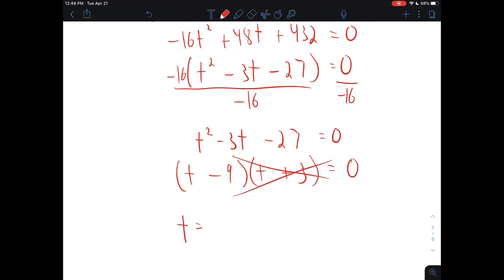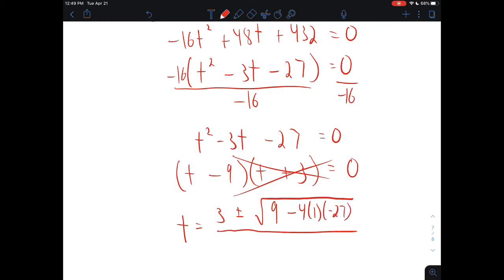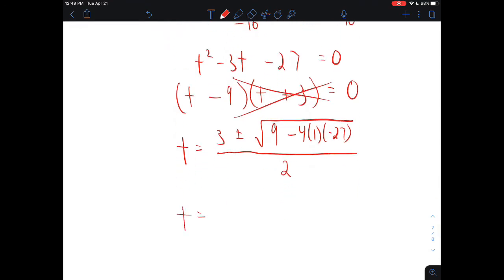T equal to negative b, so that'll be negative of negative 3, which is positive 3, plus or minus the square root of b squared is 9, minus 4 times 1 times negative 27, divided by 2. This gives me 3 plus or minus 9, and then plus 4 times 27 is 108, and then divided by 2.